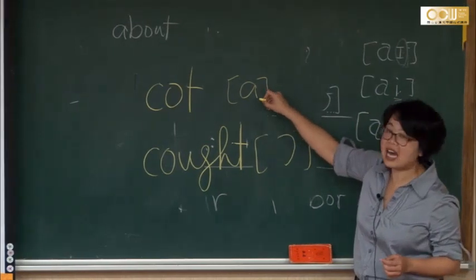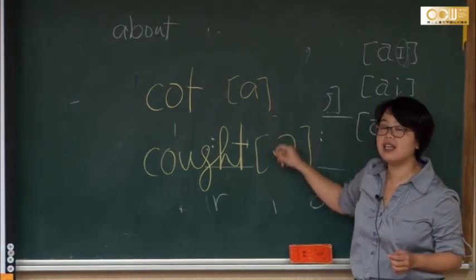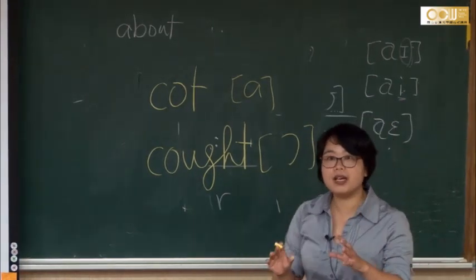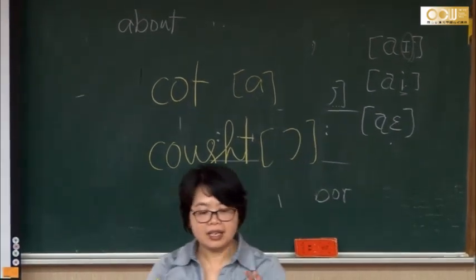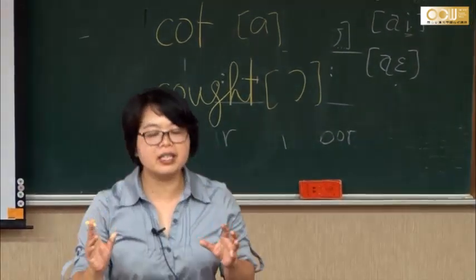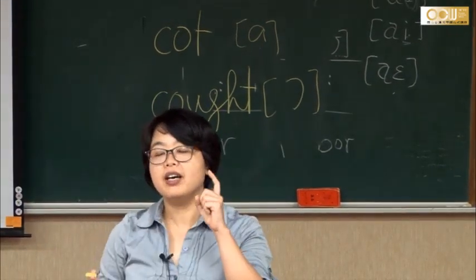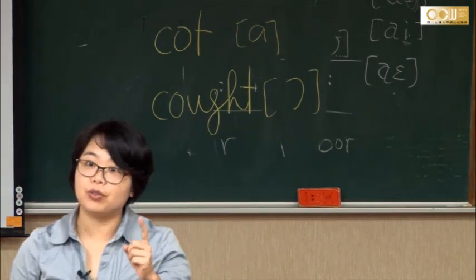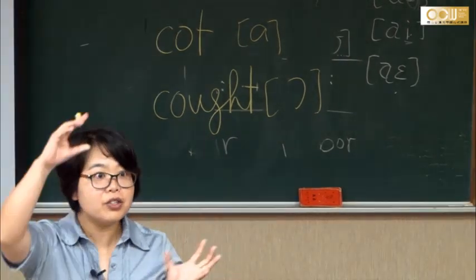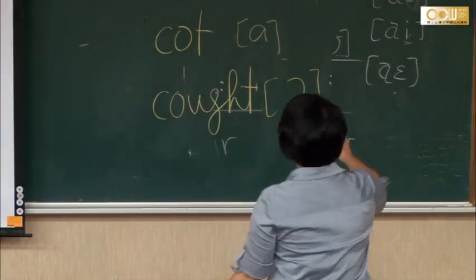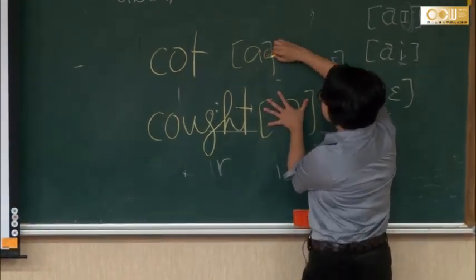I do "caught" and "cot" differently. But there are some dialects, some American English accents, that will actually merge these two, so they have one less vowel. They're merging these two to become somewhere in between the a and the aw, most likely just the ah sound.